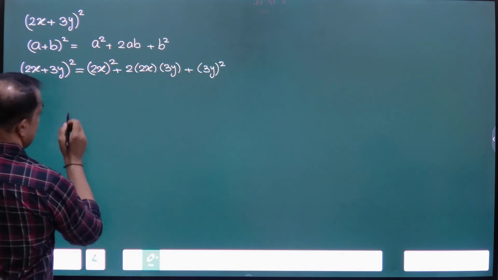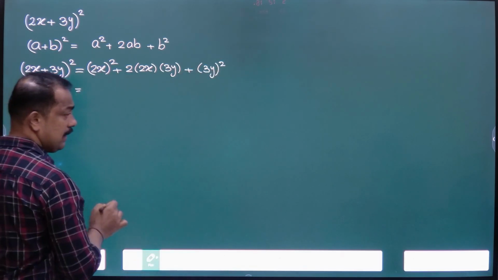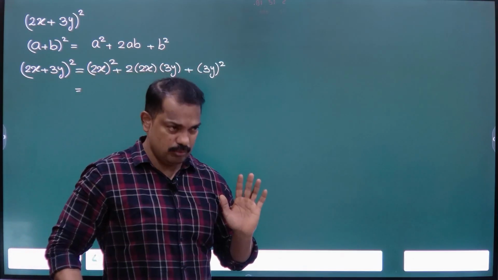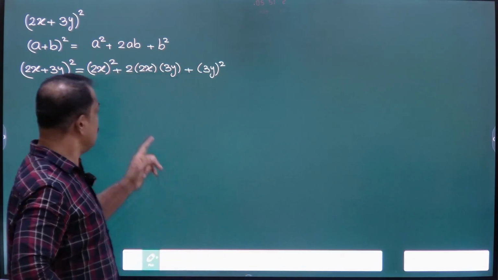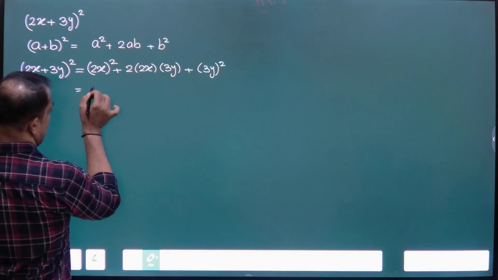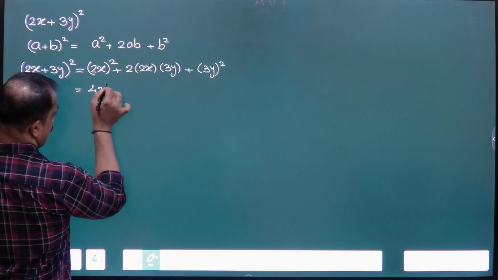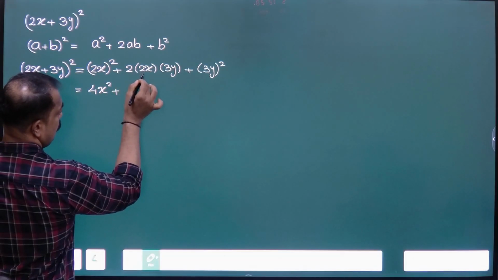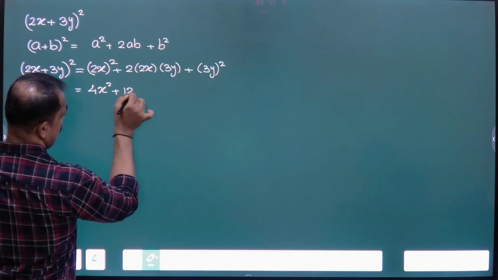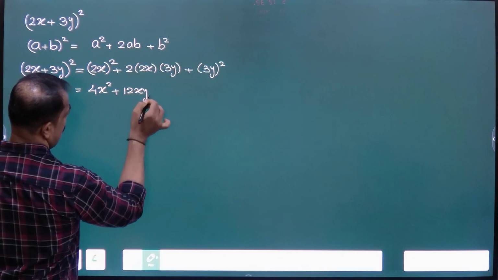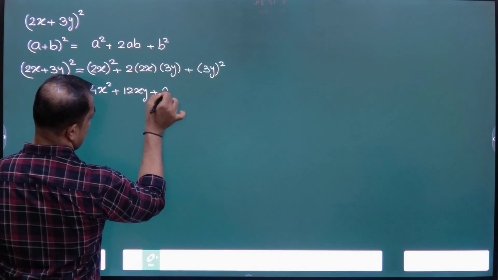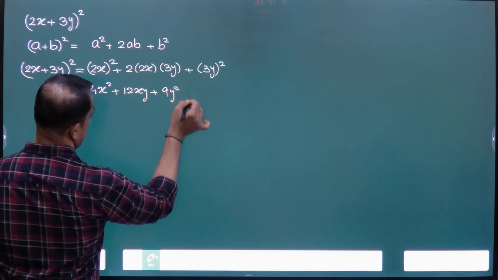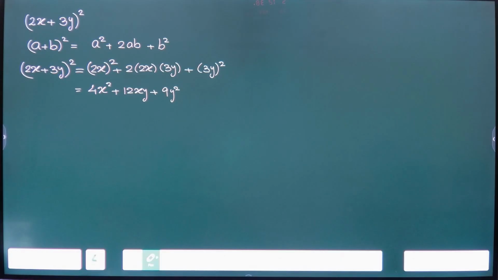I didn't put the bracket, okay? Bracket means everything inside the bracket gets squared. So what is 2x whole square? 4x square plus 2 into 2 into 3 plus 9y square.